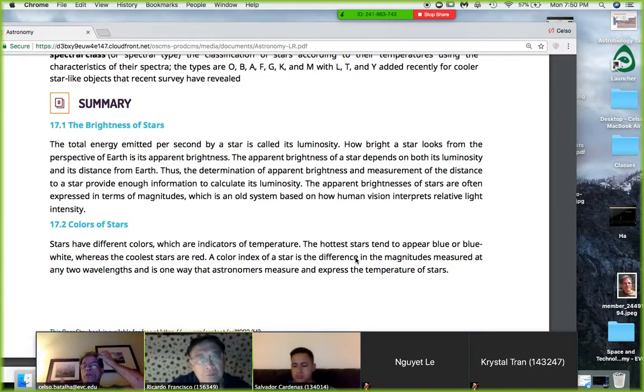Using Kepler's law or Newton's law, we can only really measure masses if we observe the stars in a binary system. Otherwise, we can't. So the next chapter is an extension of all these elements we studied here, but applied to binary objects, but pretty much the core is in chapter 17.